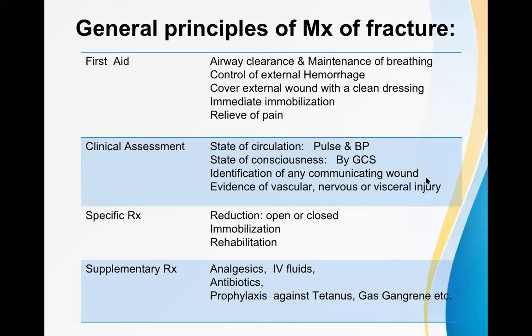So an orthopedic surgeon, or the general doctor who is treating this patient for the first time in the emergency department, has to properly look at that fracture site and see whether any wound is there which is communicating to the outside or not. If it is there, proper debridement has to be done. Another one, look for evidence of vascular, nervous or visceral injury.